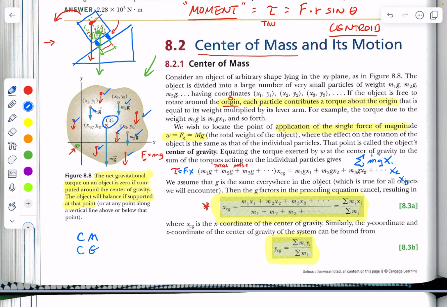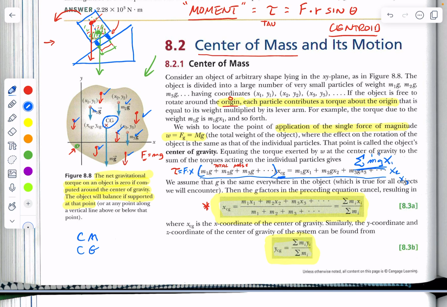And that would give us the equation that you see right here. On the left side, in the parentheses, we have our total mass times our position, which would be the sum of all the total weight, I should say. In a minute, it'll be the total mass when I cancel out gravity. We have the total weight on one side times a single position above the x-axis, and then here's the summation of all of the particles on the right side.